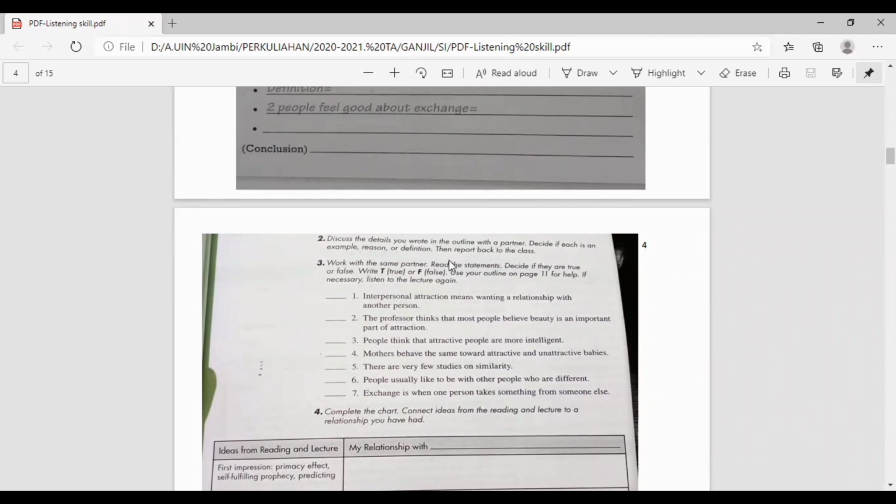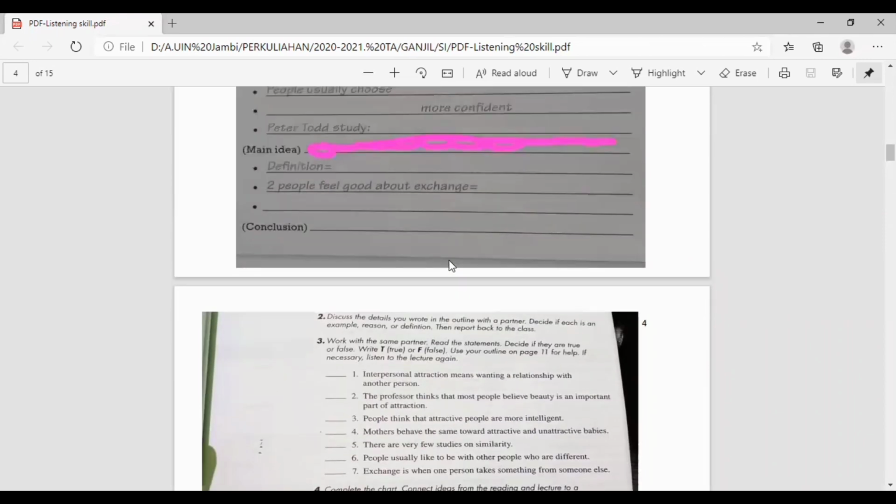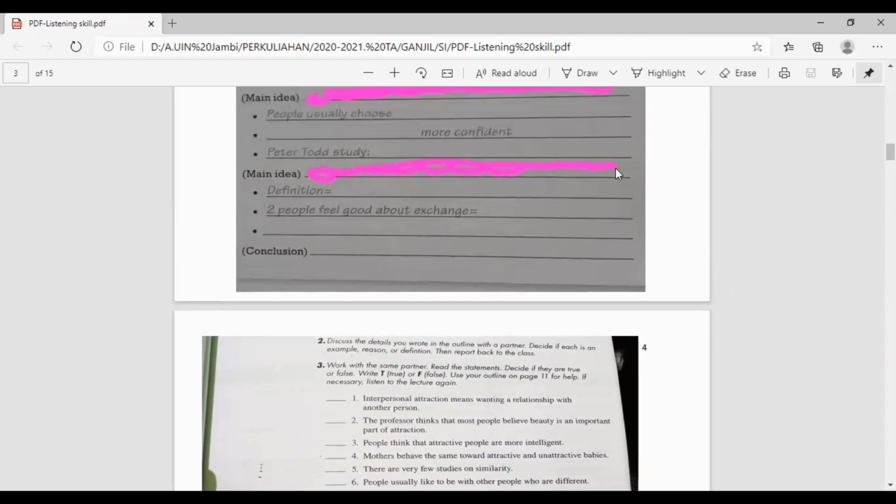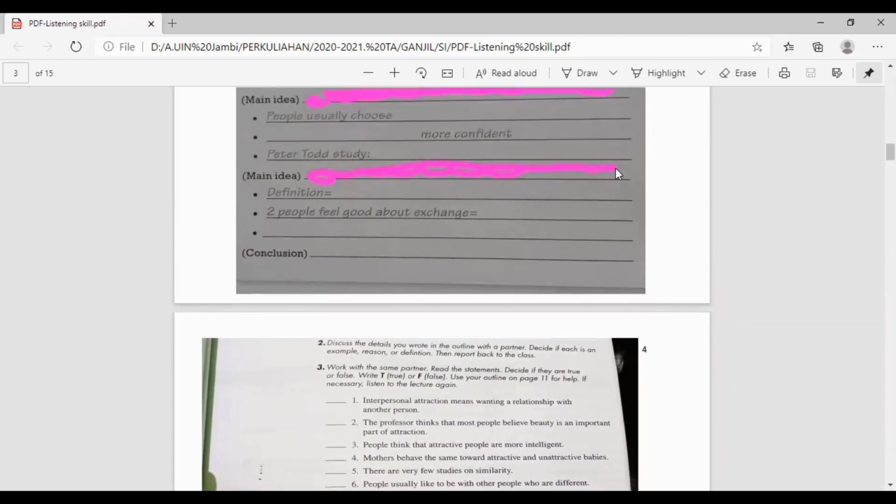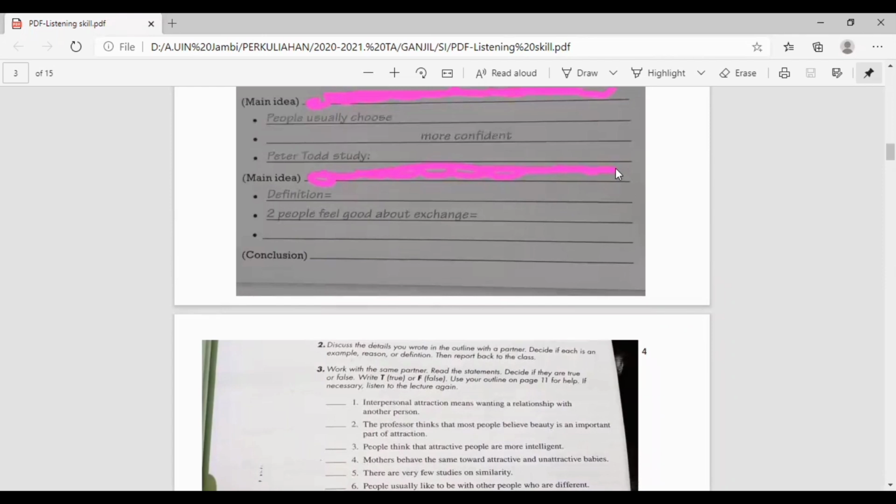So what I want you to do, about number two, after you complete the outlines, is write in the brackets, after you discuss with your friend, whether the detail is in the form of example, reason, or definition.